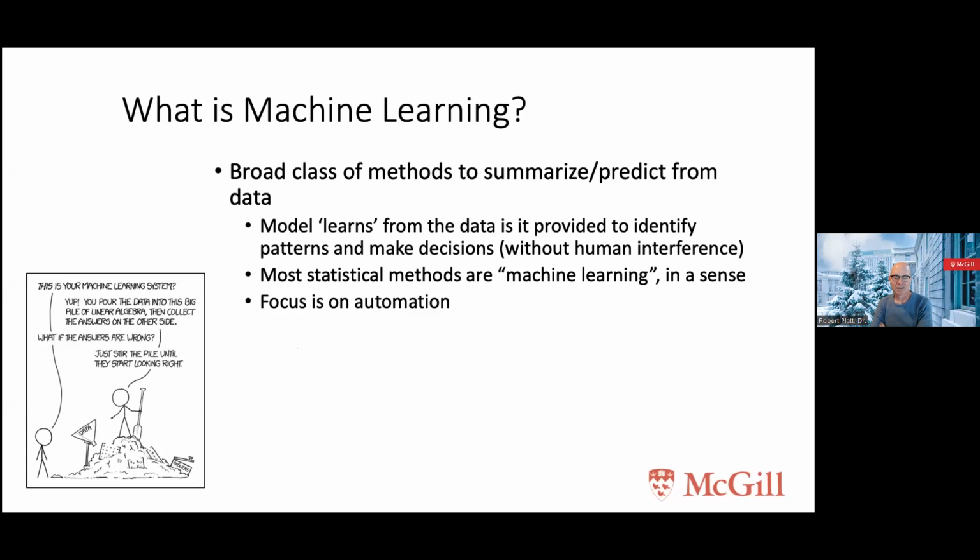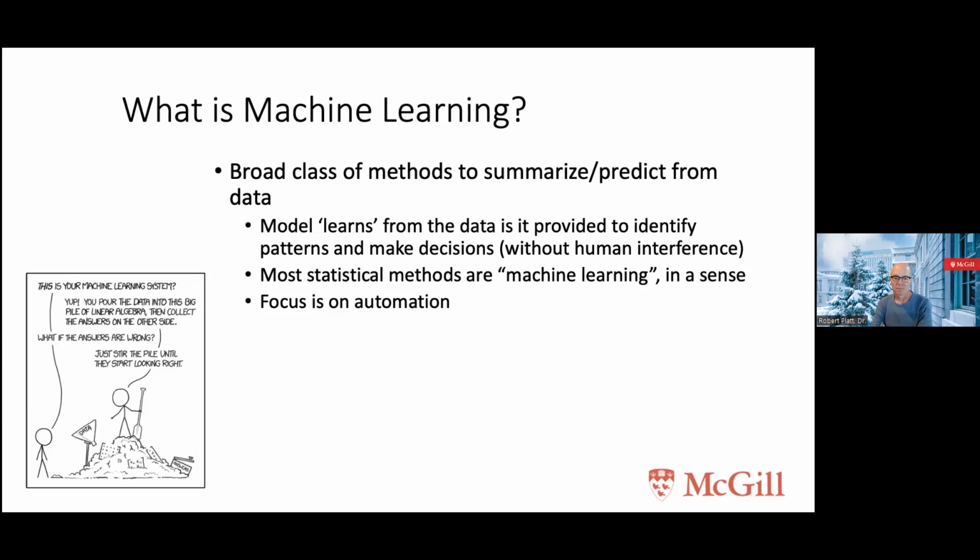And the idea is the model learns from the data it's provided to identify patterns and to make or provide decision information. Ideally, or technically, machine learning is without human interference. So you set the program going, you let it go, it produces a result.